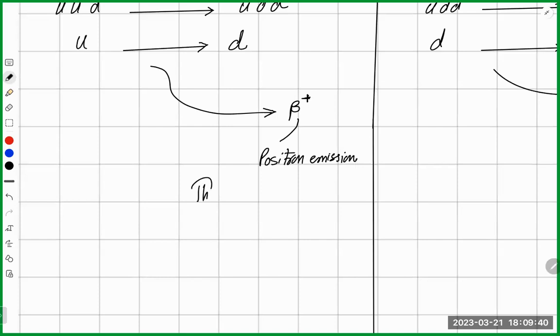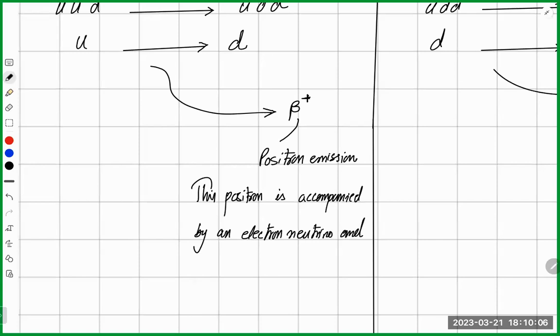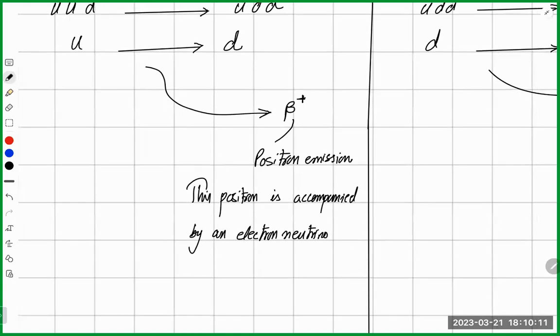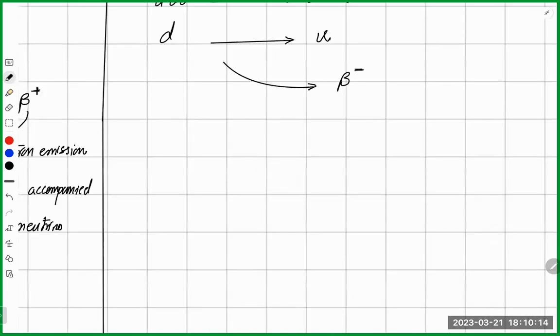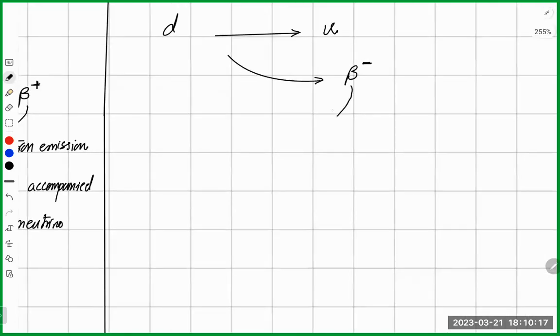This positron is accompanied by an electron neutrino, just electron neutrino.